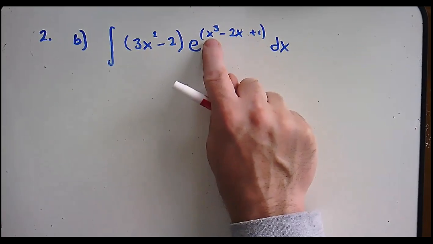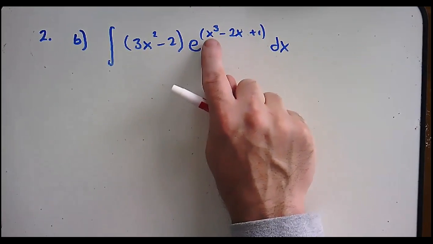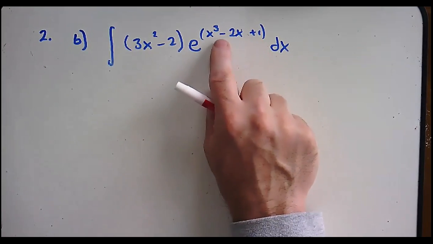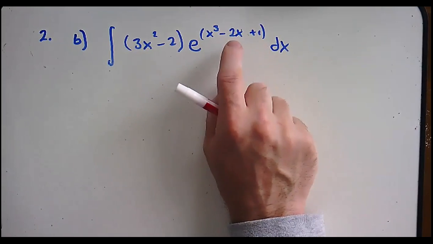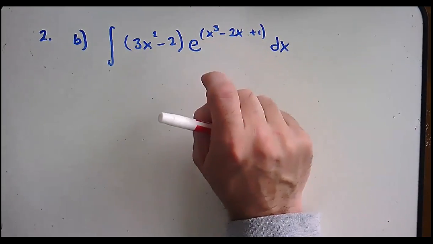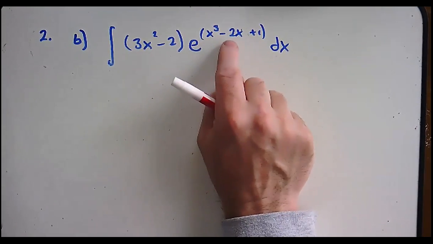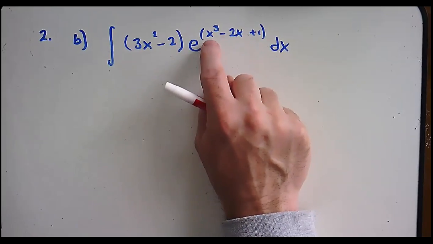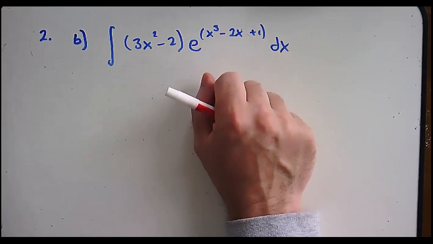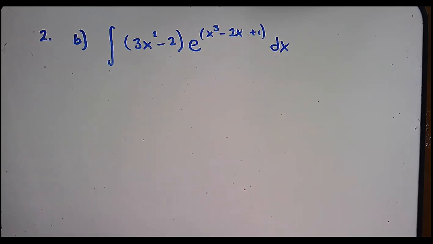That would be a mistake here. We're ideally hoping that u is going to take the place of like this entire expression here. So if you're choosing between x cubed and maybe x cubed minus 2x and maybe x cubed minus 2x plus 1, by picking the largest or the most inclusive of those polynomials, we'll typically make a good choice that'll work out in the problem with the least amount of steps.